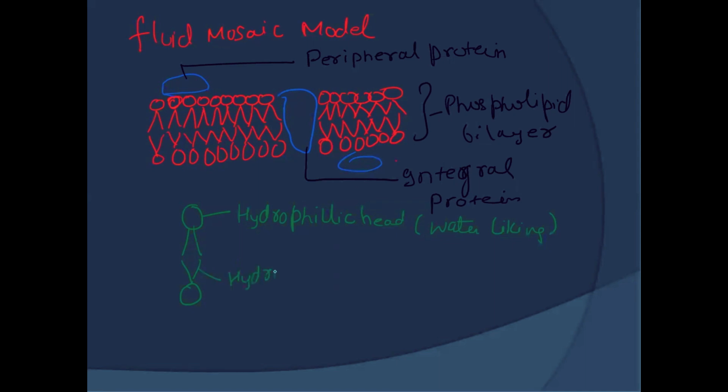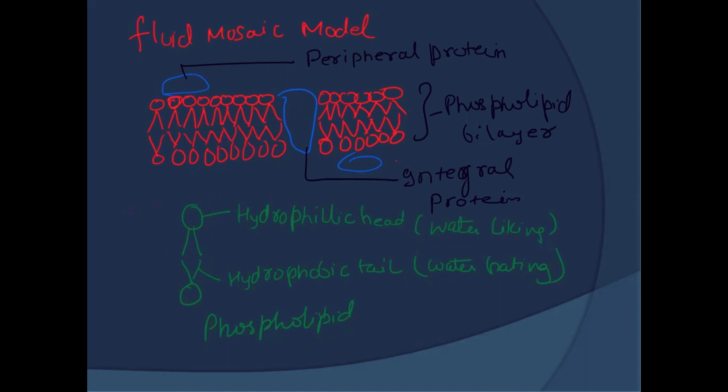These are the hydrophobic tails. Hydrophobic means water hating. So this is a hydrophilic head and a hydrophobic tail, and together this is a phospholipid bilayer. I'll be doing one video about phospholipids, or lipids in short, where I'll explain each part in detail. Till now you can understand that this is a phospholipid bilayer.